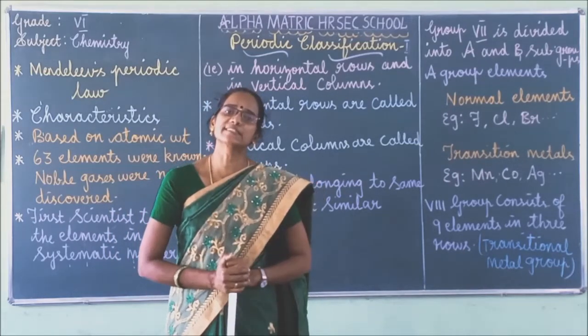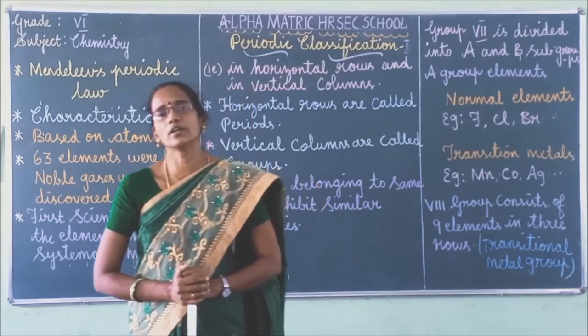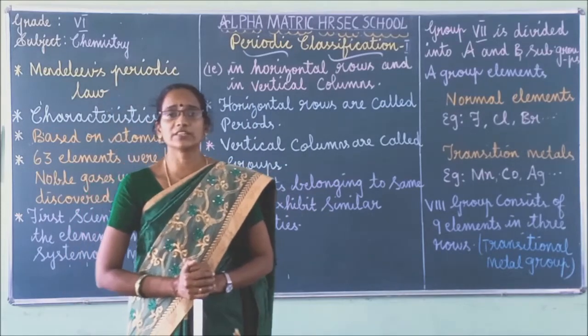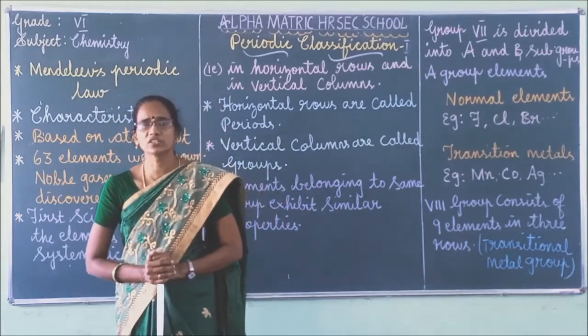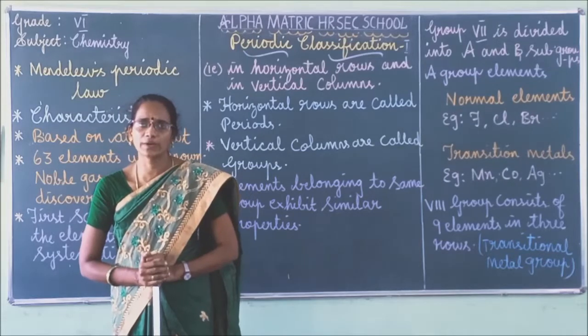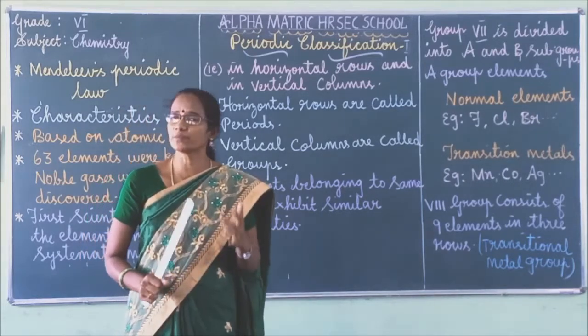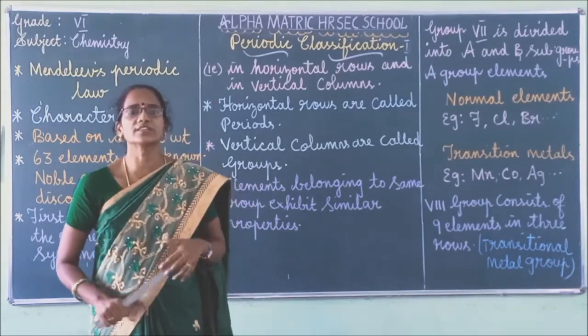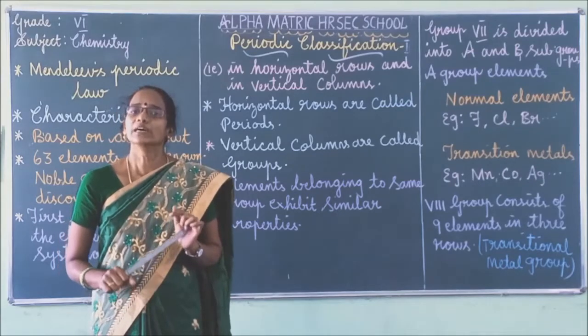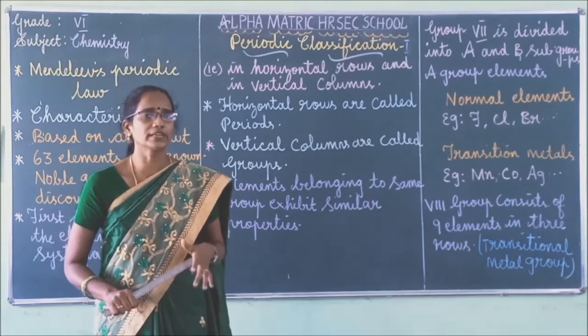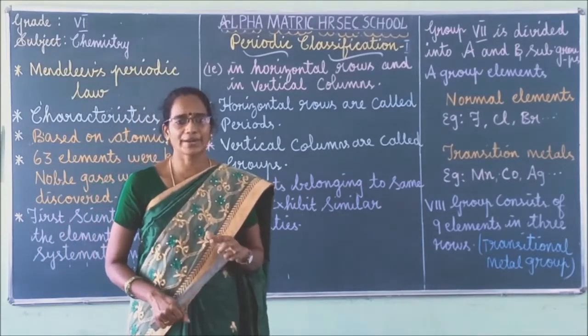Next, group 16 elements are called the oxygen family, or otherwise the chalcogen family, right? The word chalcogen is derived from a Greek word meaning ore producer.